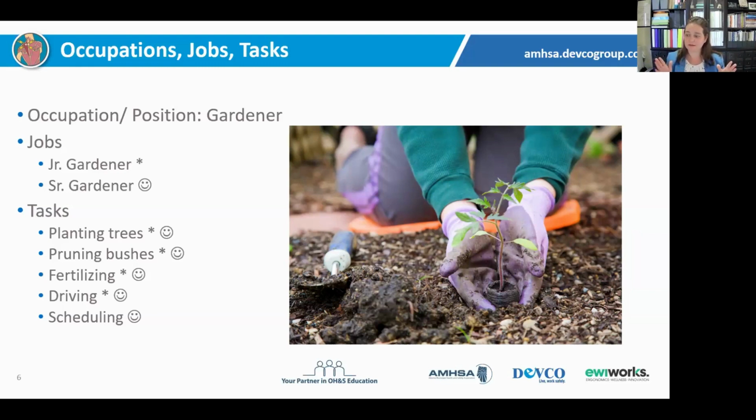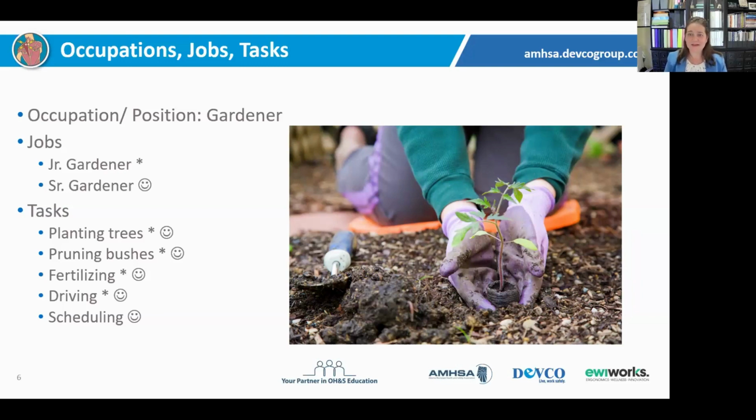So that's really important to differentiate. Another task that usually falls on the more senior person might be scheduling. So we've got somebody who's involved with scheduling. We are going to come back to this slide later.